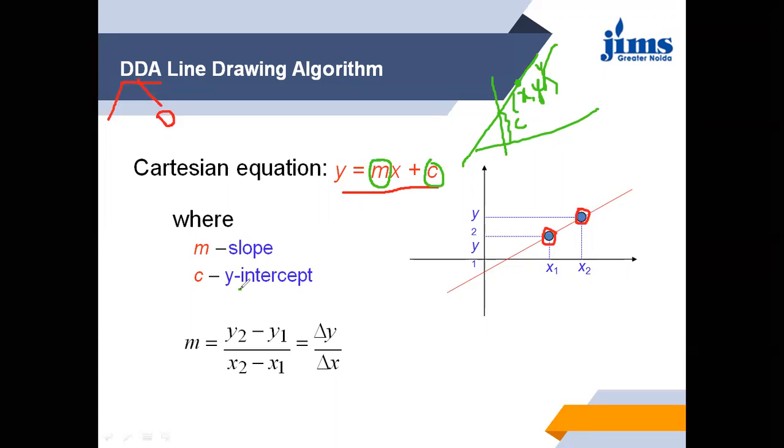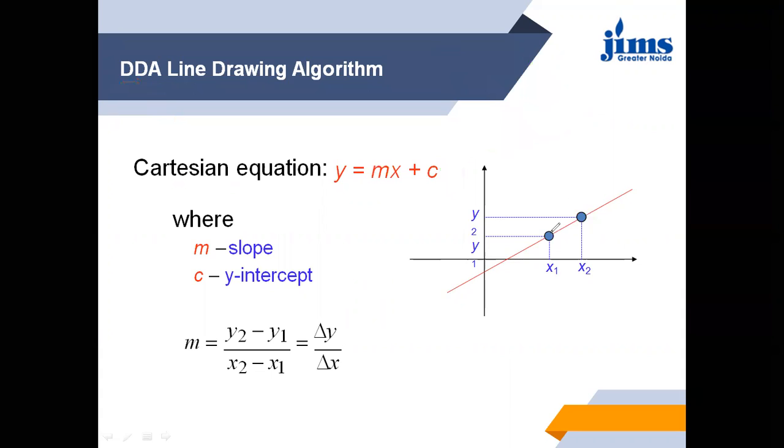To find out the value of m, we have to use delta y upon delta x. Suppose this is a line. The first endpoint, point A, has coordinates x1 in the x direction and y1 in the y direction.